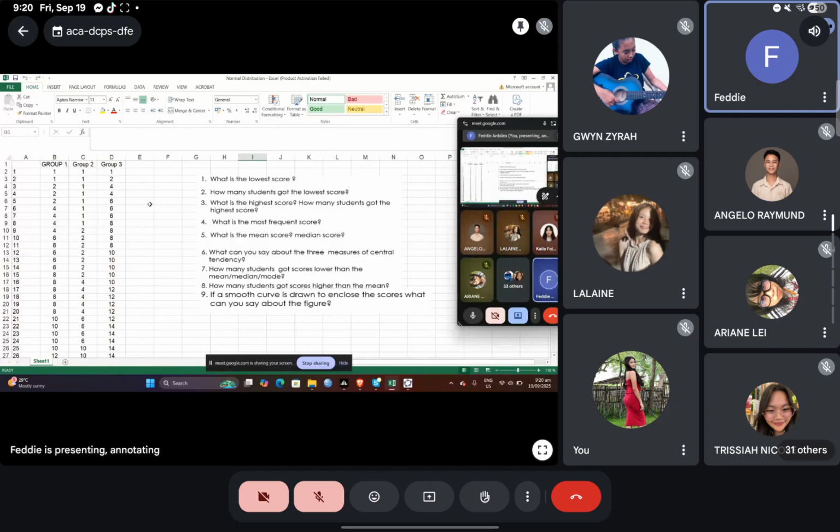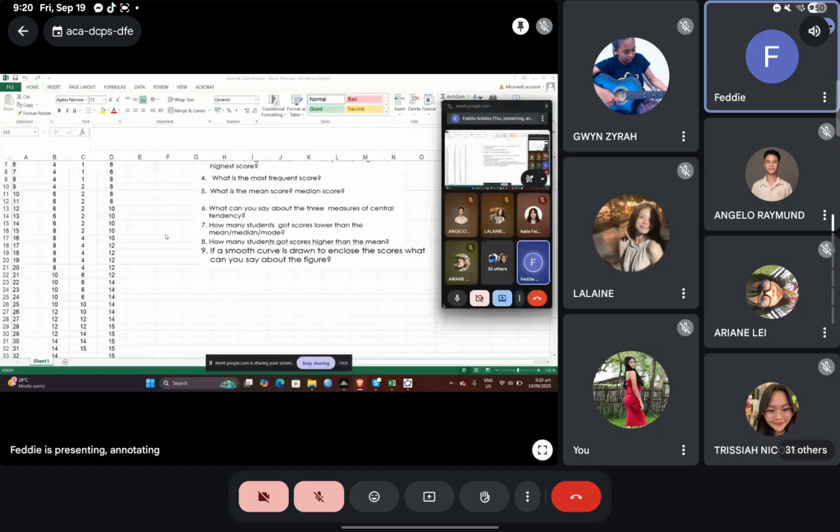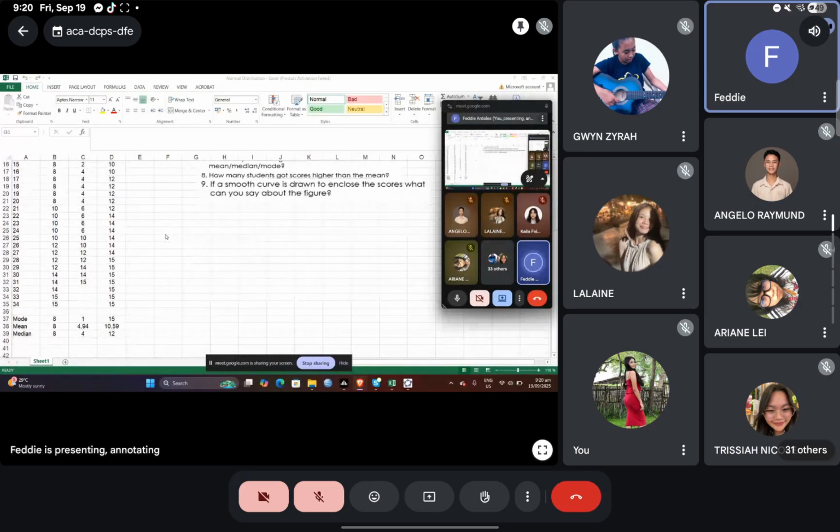In group 3, only 1 student got the lowest score. That is the difference. For the highest score, all of these groups got 15 as the highest score, but in group 1, 2 got the highest score, in group 2, 1, and in group 3, 7 students got the highest score.